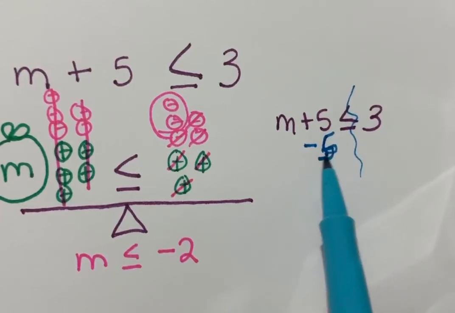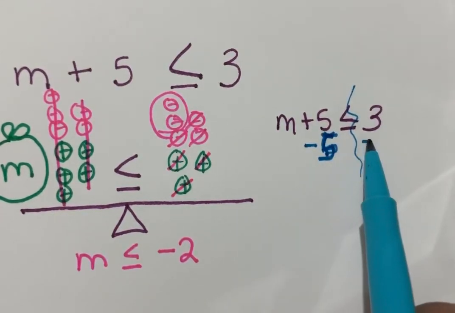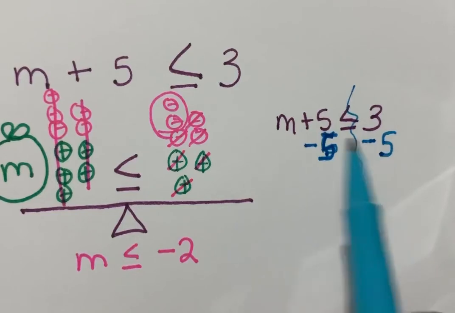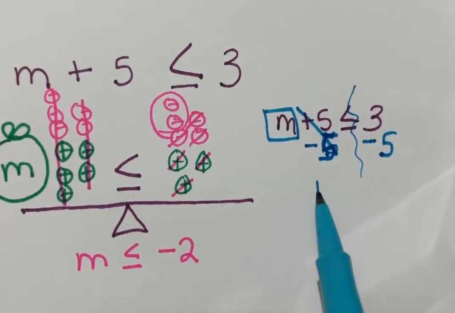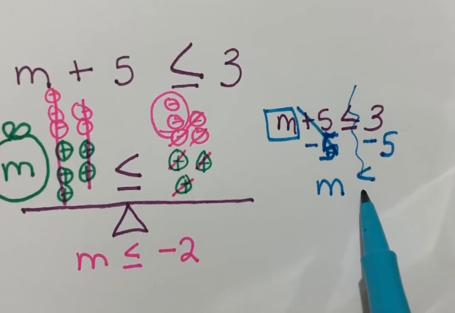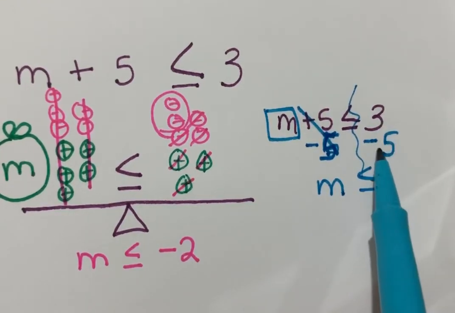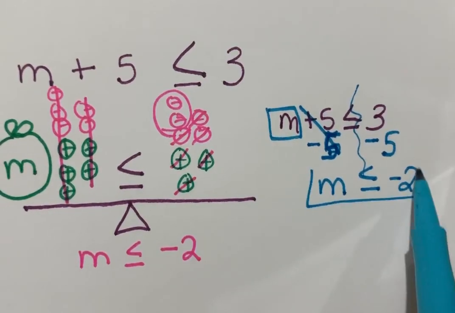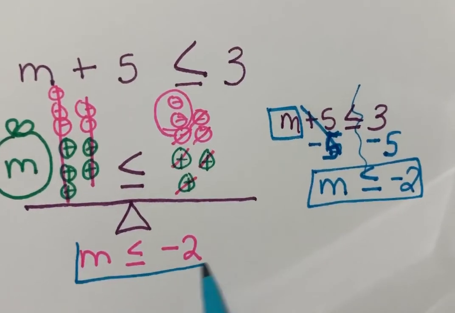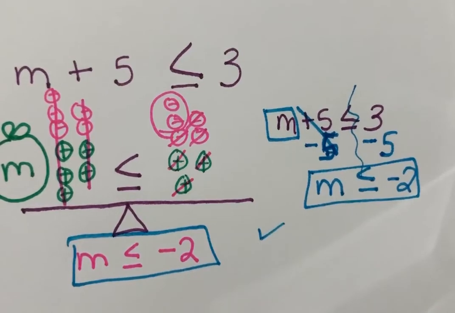Or 5, I don't know why I put 6, sorry. And do the same thing on the other side. So this is going to go away, and I'm going to be left with my m by itself, is less than or equal to 3 minus 5, which is negative 2. So you can see that both of these match, and that checks my work.